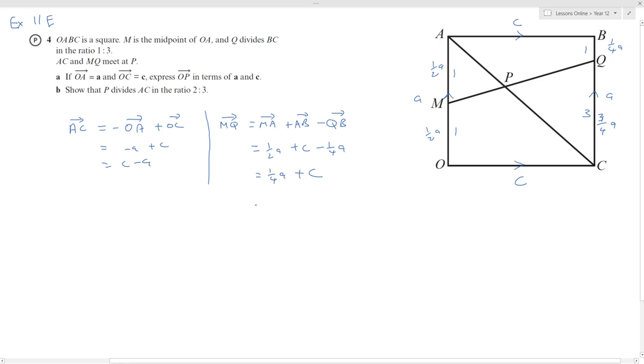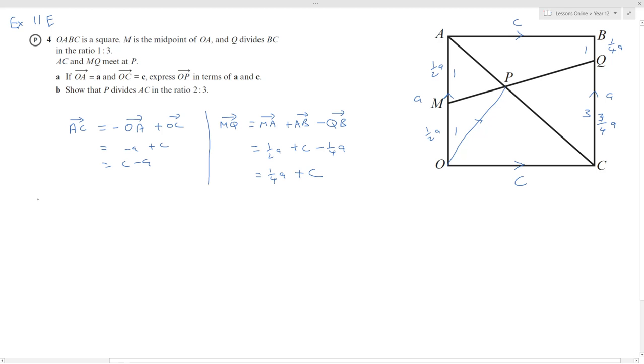I want to find OP. So I'm trying to go from O here, it's not very good without a ruler, to P. So I want to find that vector OP in terms of A and C. Now I can travel to OP by going from O to A and then to P. So let's do that.